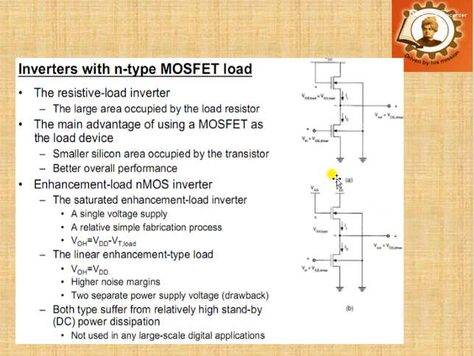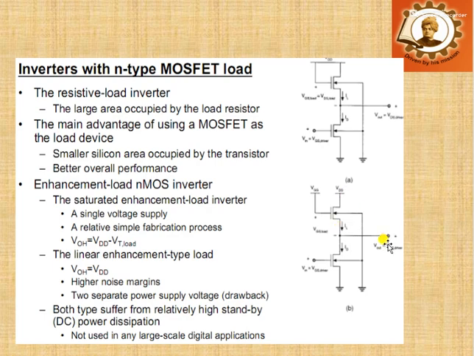This is the next technique we can use, using two power supplies, as shown in the next figure. Here the gate voltage is controlled by another supply, so that the pull-up MOS is not in the saturation region but in the linear region, so there will be no voltage drop across this MOS.